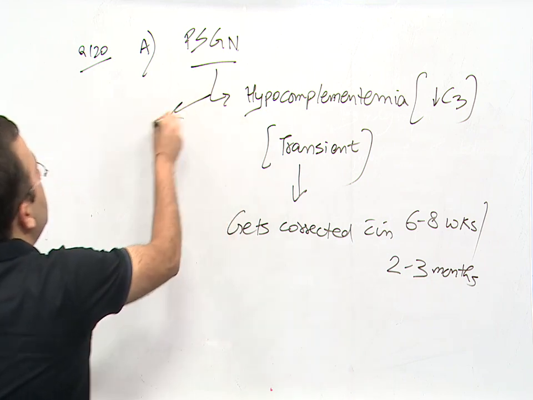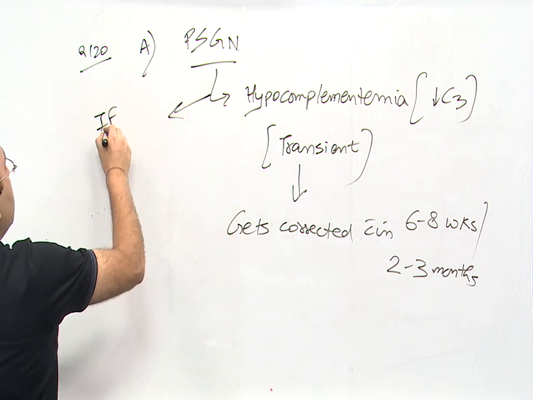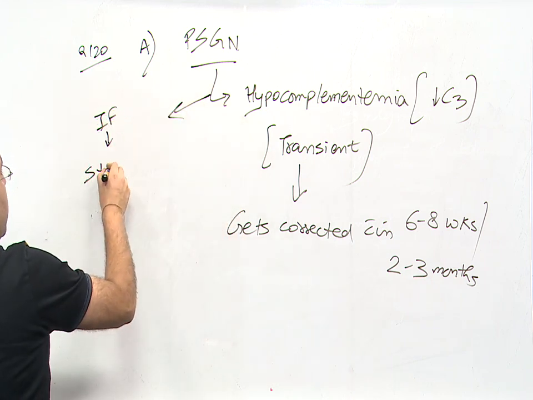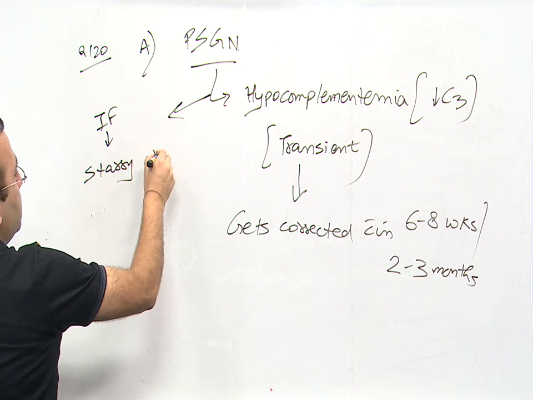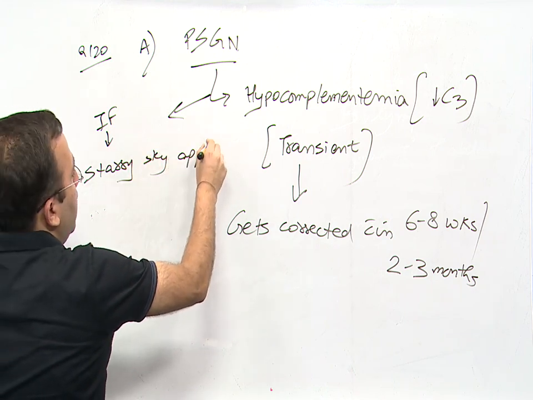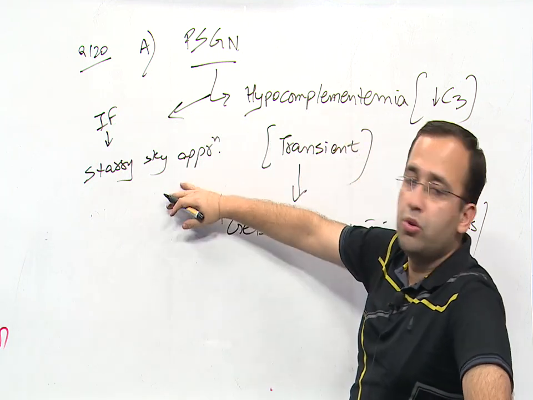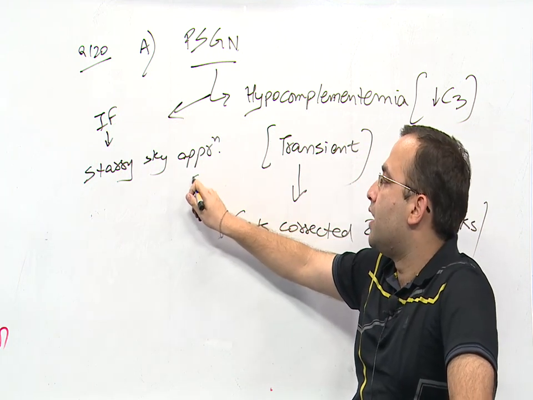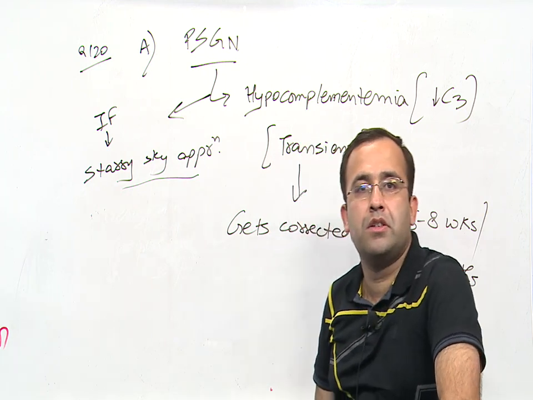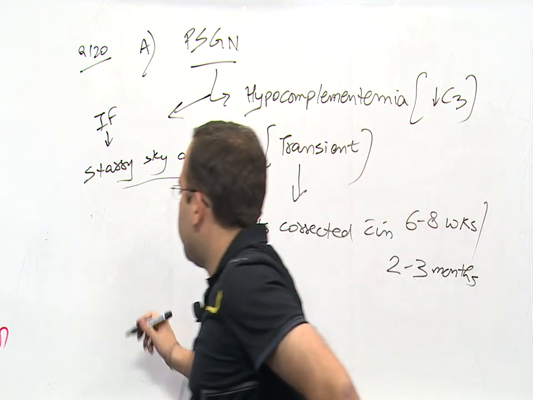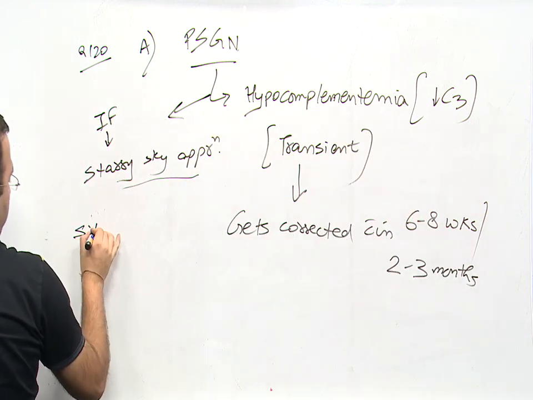Next point, PSGN immunofluorescence, starry sky appearance. This you already know. Immunofluorescence in PSGN shows the classical starry sky appearance. This is asked. Next point, site of deposit.